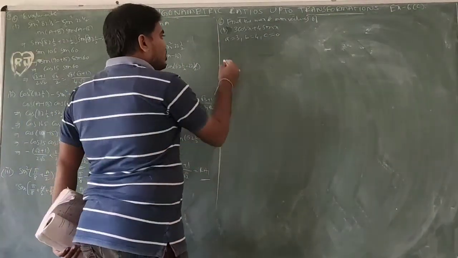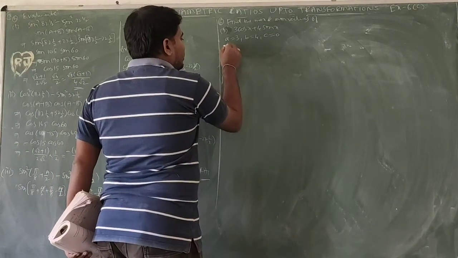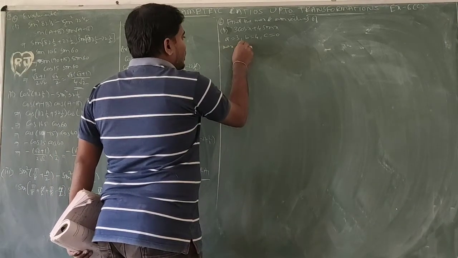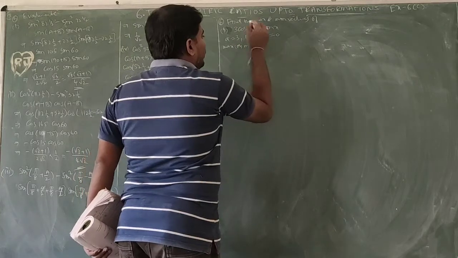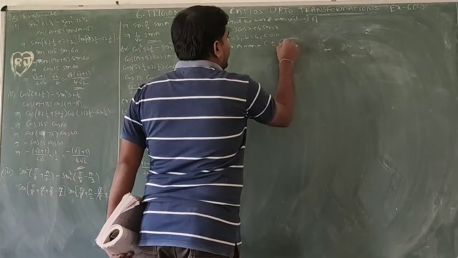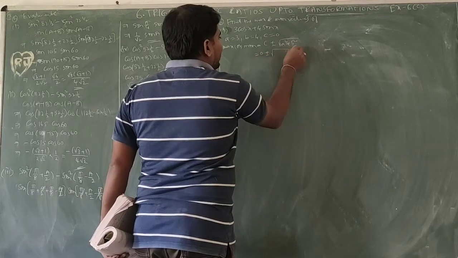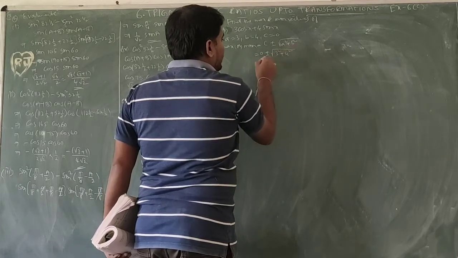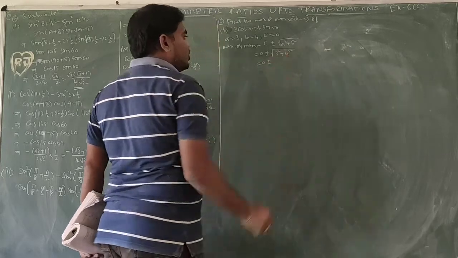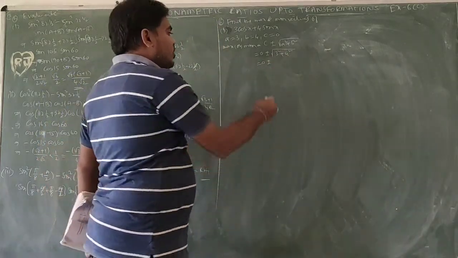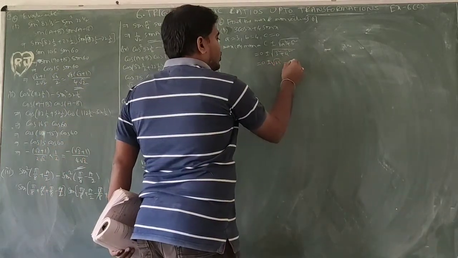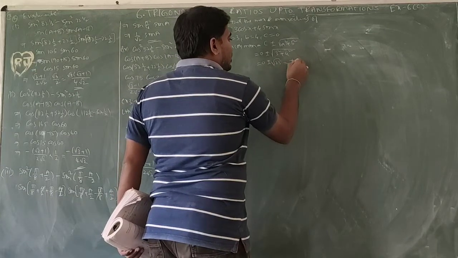So maximum or minimum equals c plus or minus under root a square plus b square, 0 plus or minus root of 3 square 9 plus 4 square 16, root 25, equal to 0 plus or minus 5.